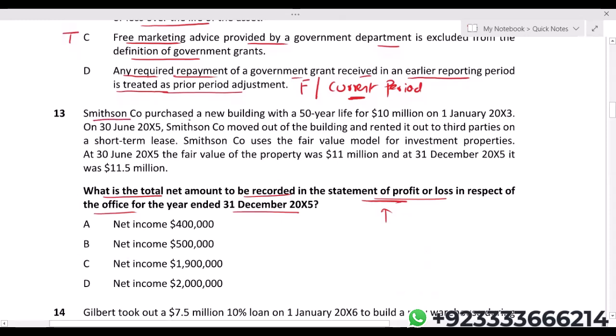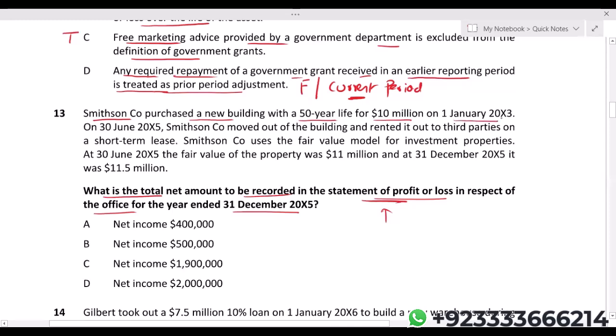Smithson Company purchased a new building with a 50-year life for $10 million. Great. They bought a building. The life is 50 years for $10 million.